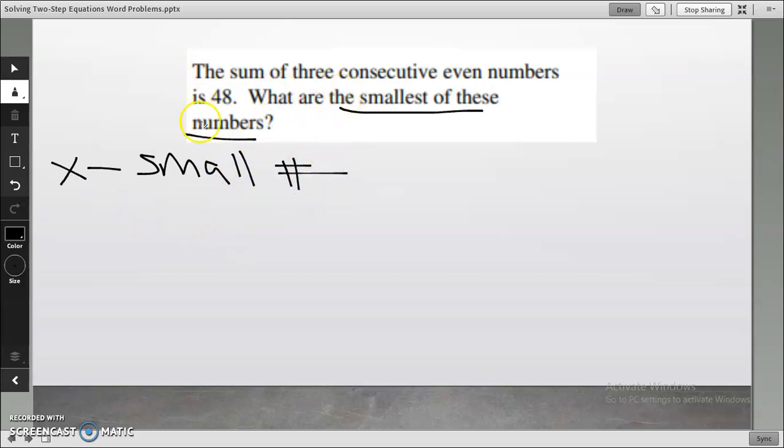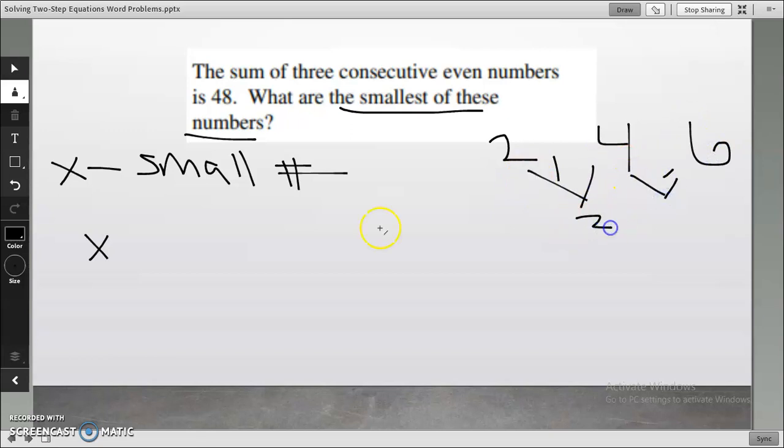It says I want to find the sum of 3 consecutive even integers. So first of all, let's think about what it means to be consecutive and even. If I have 2, my next even number would be 4. And the next one after that would be 6. So the difference between 2 and 4 and 6 is 2.